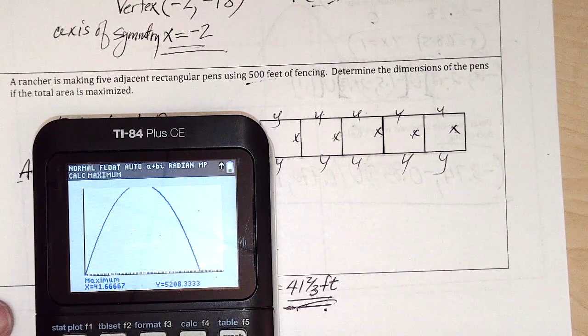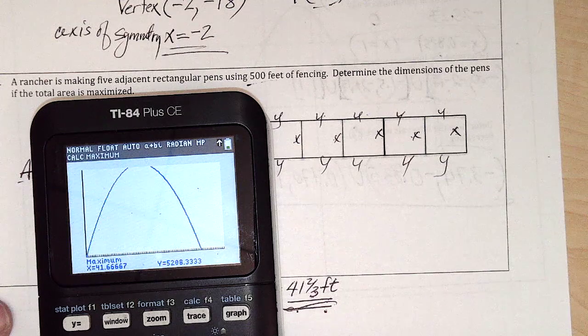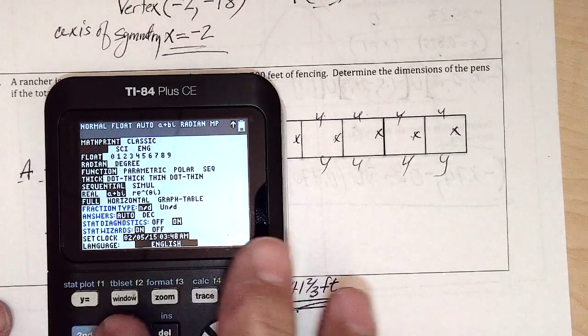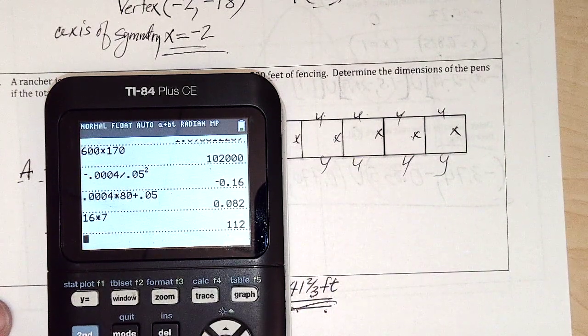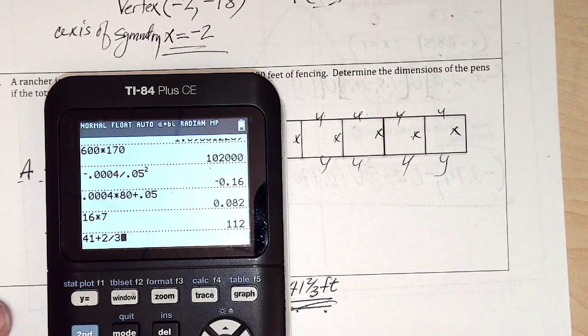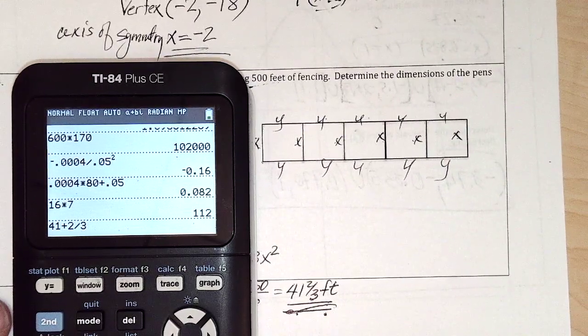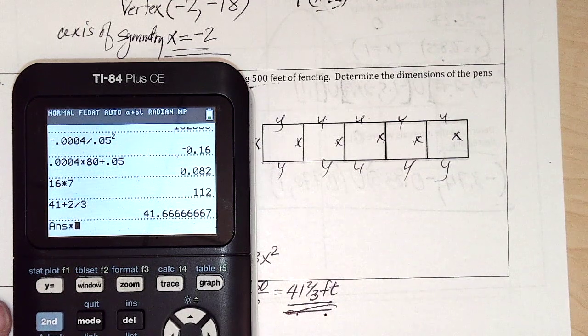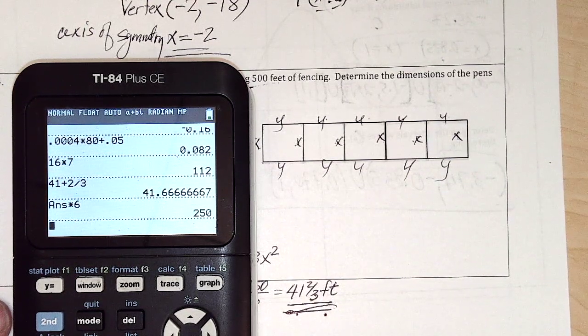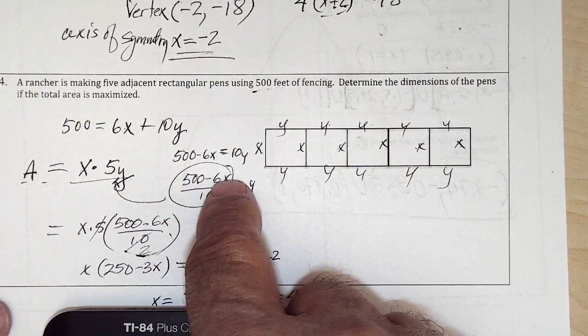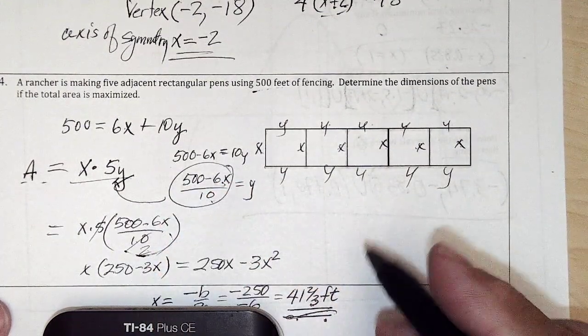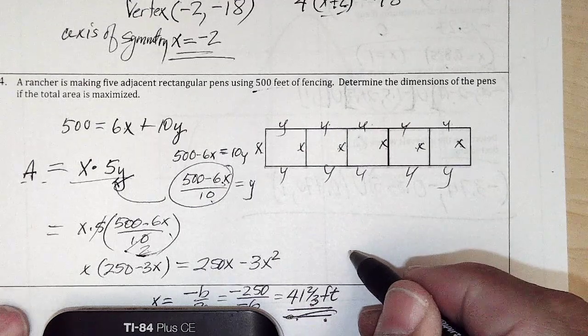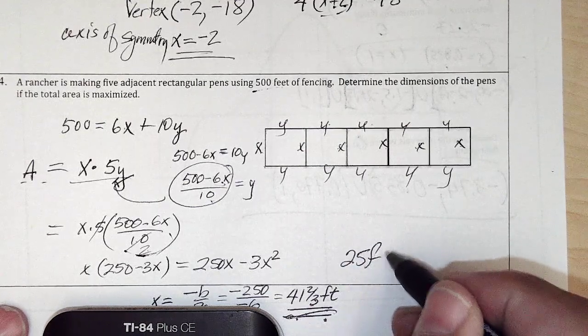You can use this x, 41.66666 times 6, but I can also type in 41 plus 2 divided by 3. That's how you type in 41 2/3 times 6 is 250. 500 minus 250 divided by 10. 250 divided by 10 is 25 feet.